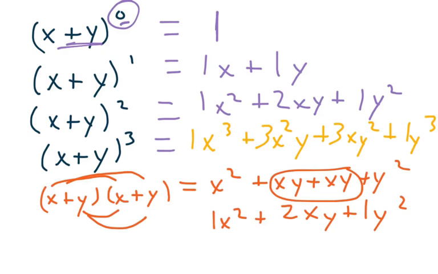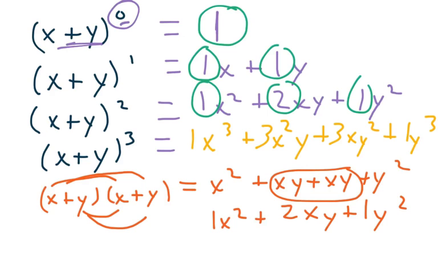Now the whole point of doing this, guys, is hopefully you notice a pattern with the coefficients. Notice I have a 1 here, then it goes 1, 1. And then it goes 1, 2, 1. Then it goes 1, 3, 3, 1. And so let's put it all together here.